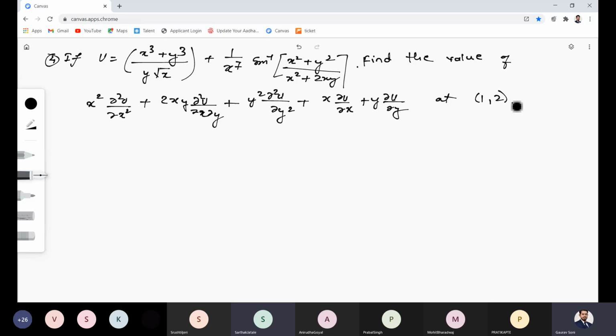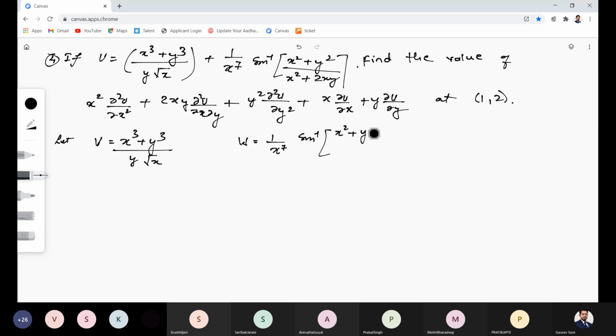In the first one, the first term is of degree 3 by 2, and the second one is of degree -7, so it is not homogeneous. So let v is equal to x cube plus y cube upon y root x, and w is equal to 1 upon x raised to 7 sine inverse x square plus y square upon x square plus 2xy.